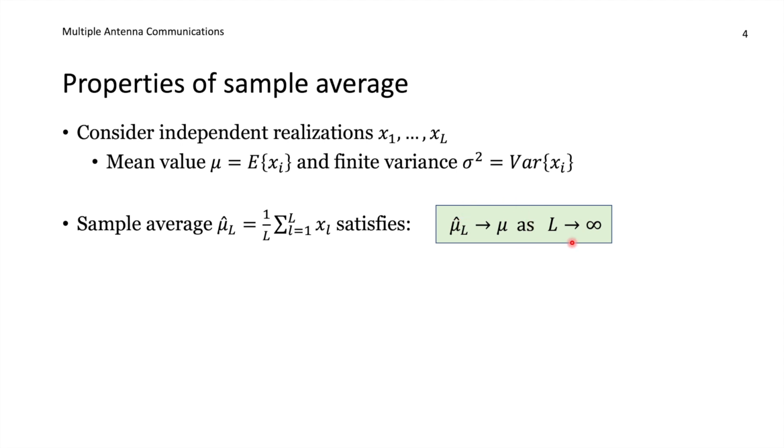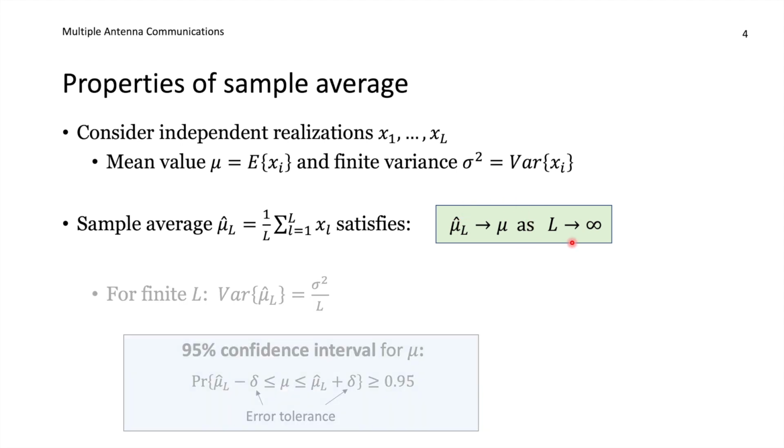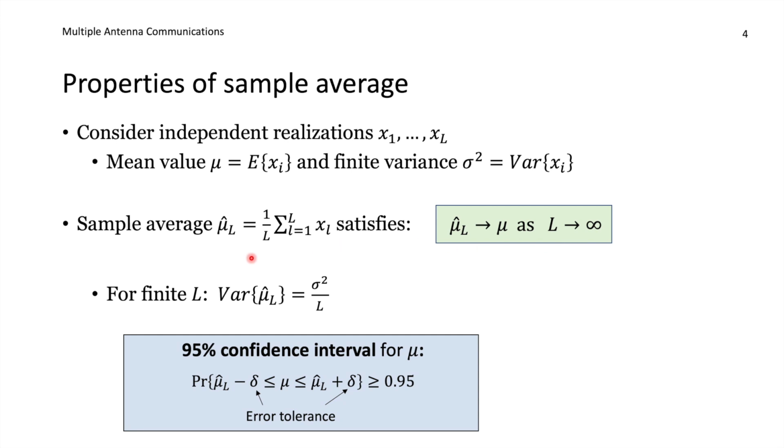But in practice, we will never have an infinite number of realizations, so therefore it's interesting to know how large is the typical deviation between the sample average and the mean value. It is easy to show that the mean value of the sample average is equal to mu, because all of the terms here in the sum have mu as their mean value. Therefore, the typical deviations are determined by the variance of this random variable.